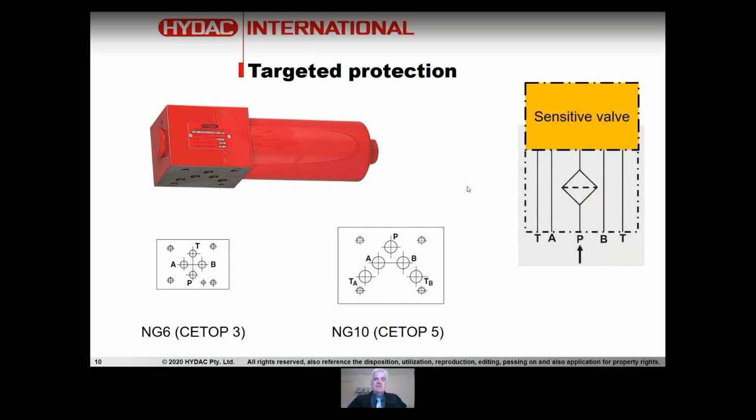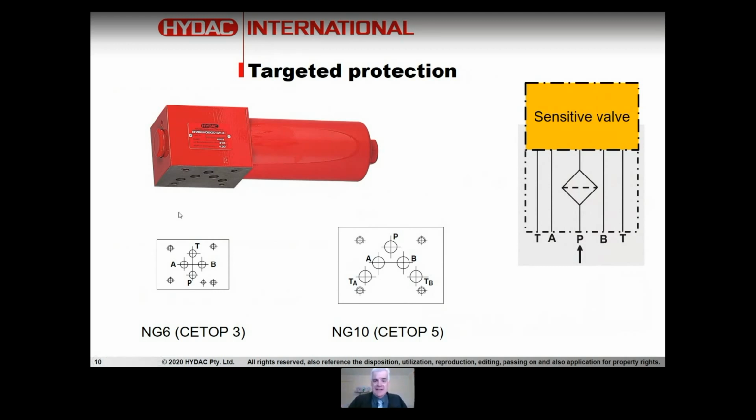One neat way of doing that is having a filter that has an interface suited to industrial valve interfaces, so NG6 CETOP 3 or NG10 CETOP 5. You can see there's an image here. This is called a DFZ, and the DFZ is sometimes seen as a last chance filter.